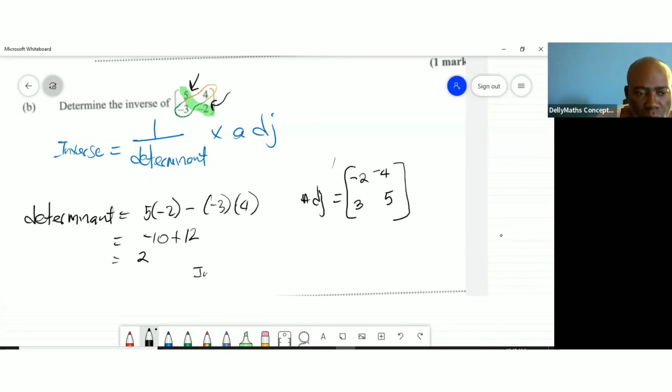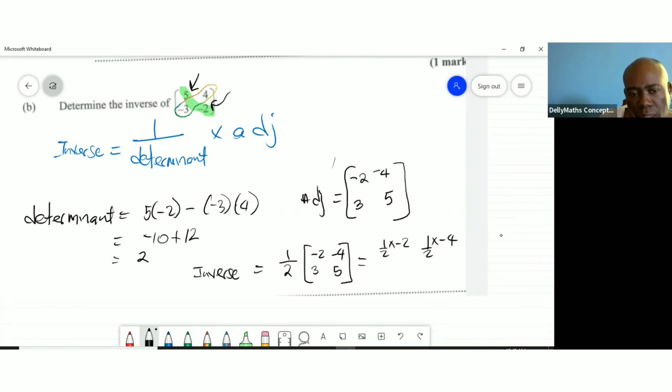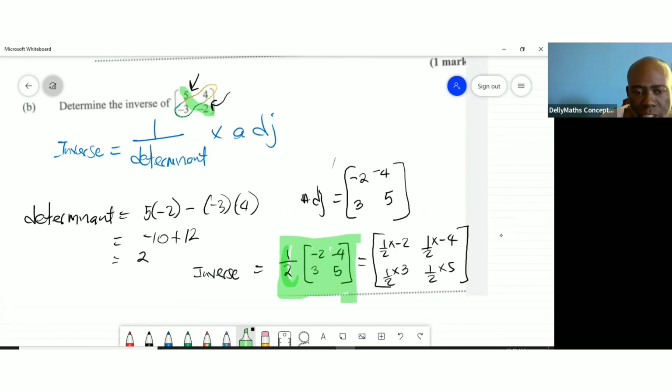So now the inverse overall is to put 1 over the determinant and multiply that by the adjoint of the matrix. This gives us a half times -2, a half times -4, a half times 3, a half times 5. Technically, this is the inverse already, but I'm just simplifying the idea some more.